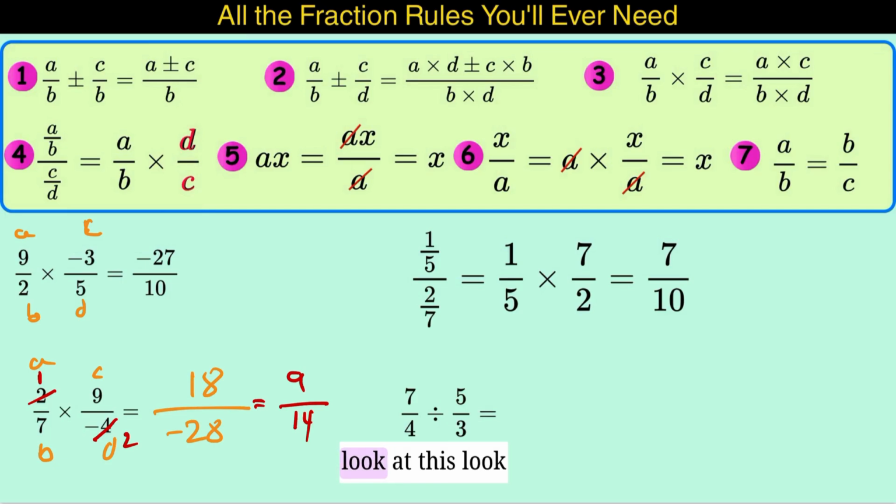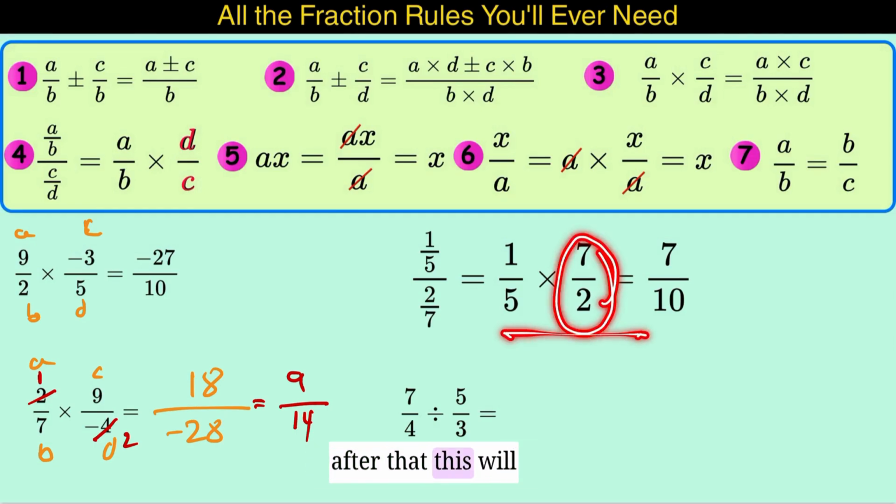So here, look at this example. 1 over 5. I will write it down by itself. Then here I have, instead of 2 over 7, I will do 7 over 2 because I did multiplication. Remember to flip.